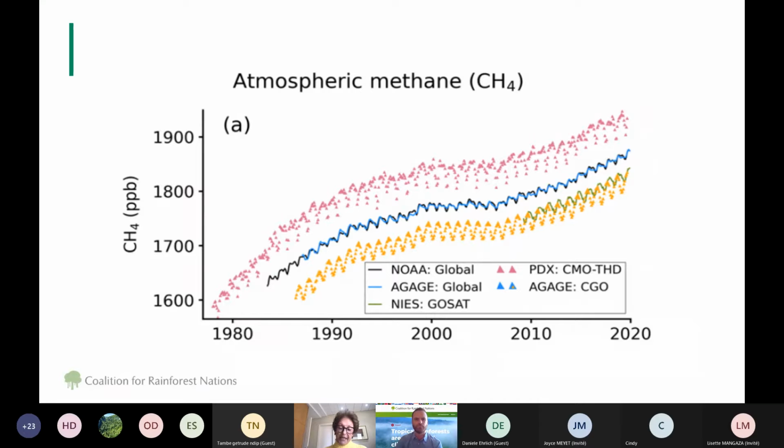Besides these, the decay of organic waste in solid waste landfills also emits methane. And those that are engaged in national greenhouse gas inventories use the IPCC guidelines and guidance to estimate and report emissions from each one of these sources.